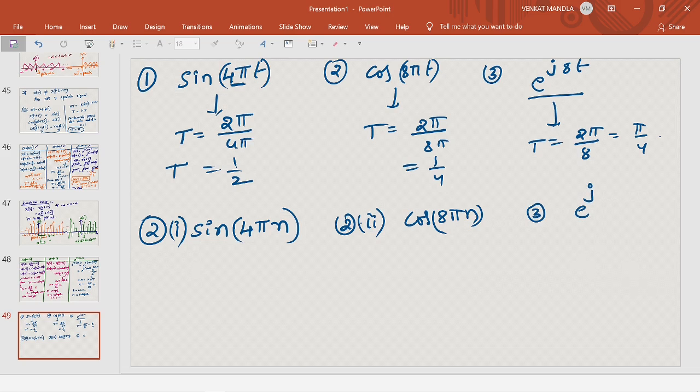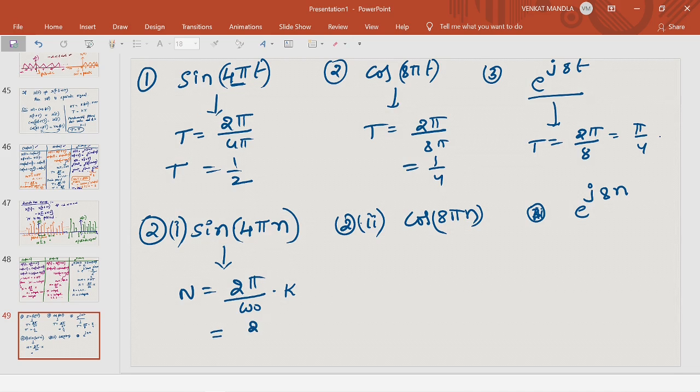Third one, e power j 8n, and one more I will give you at the end. First find out n equal to 2 pi by omega naught into k.